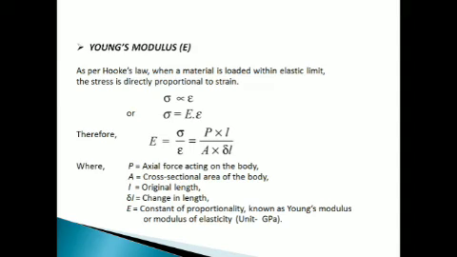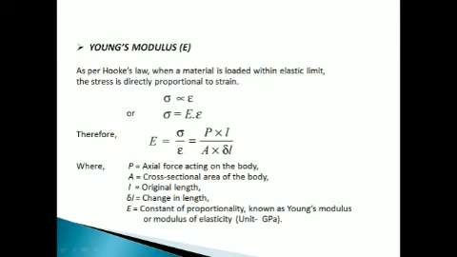As per Hooke's law, when a material is loaded within elastic limit, the stress is directly proportional to strain. That is, sigma is equal to E into epsilon, where E is the constant of proportionality known as Young's modulus or modulus of elasticity.